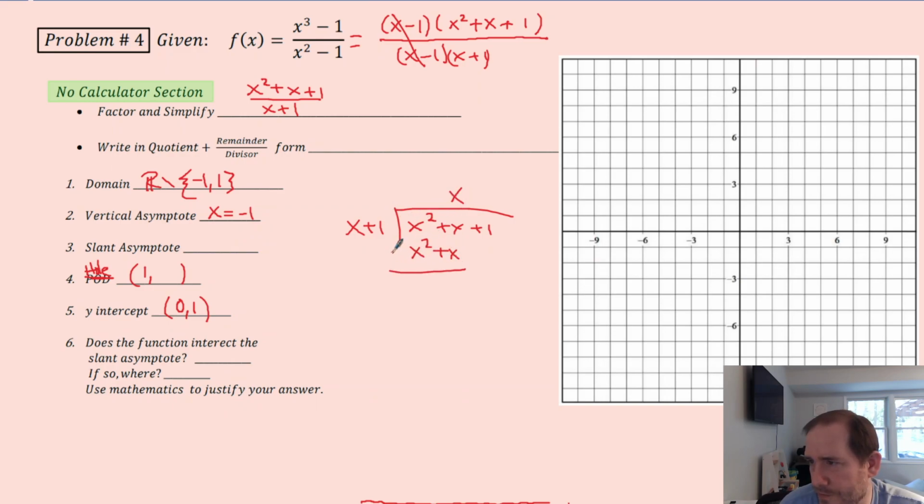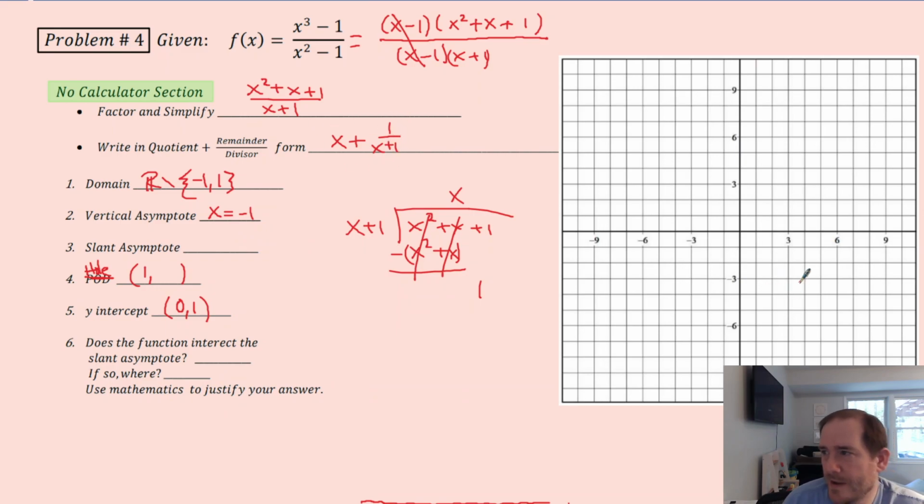Uh-oh, trouble. That means when we subtract, this cancels, this also cancels. So there's no other term in our quotient, and that's fine. Our slant asymptote could just be y equals x. Our remainder then is just the 1. So our quotient plus remainder over divisor form is just kind of simple. It's going to be x plus 1 over x plus 1.